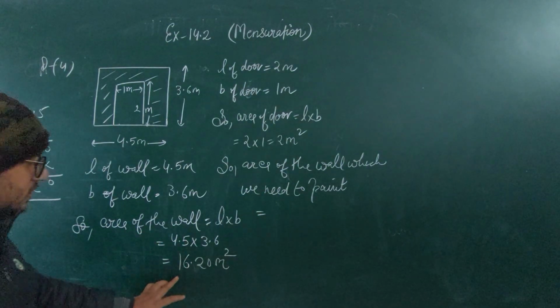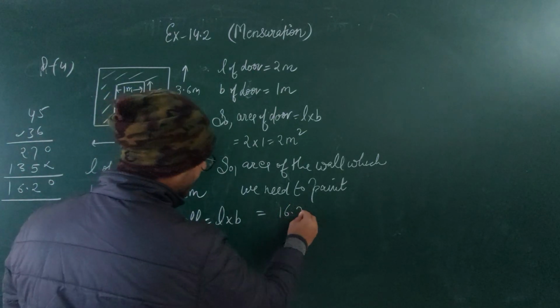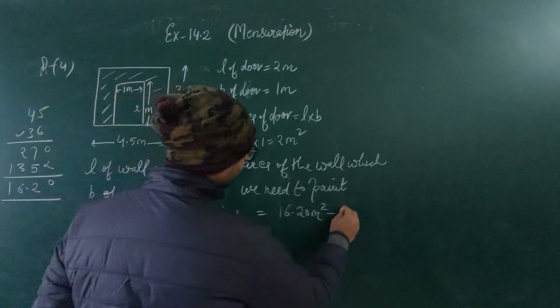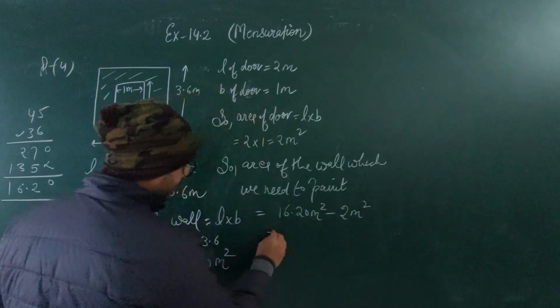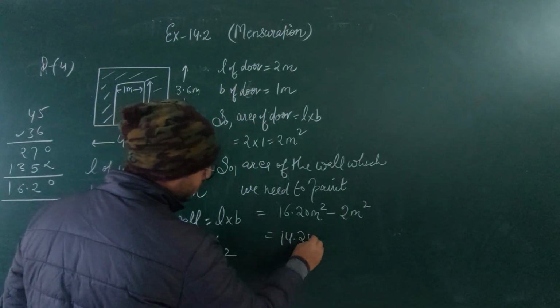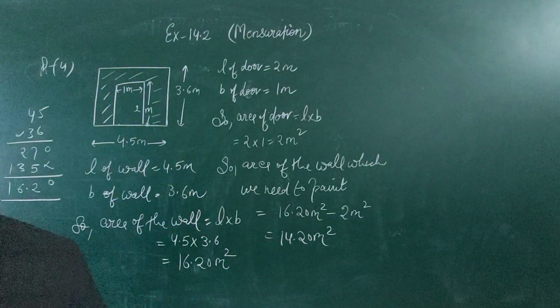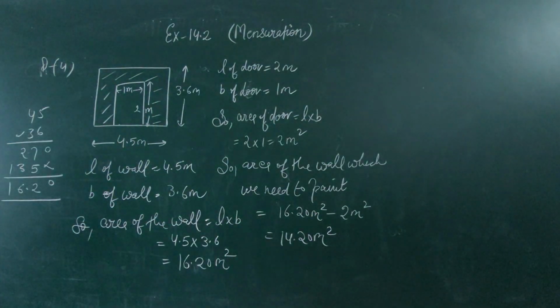Area of wall is equal to 16.20 meter square minus area of the door is 2 meter square. It is equal to 14.20 meter square, but the answer we haven't achieved yet. Answer कैसे आएगा? We have to find the cost and the cost is given as 20 rupees per meter square.